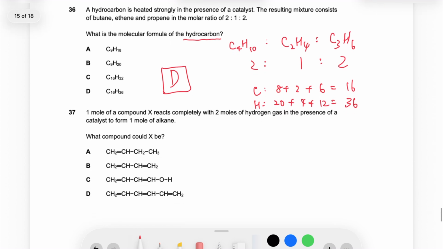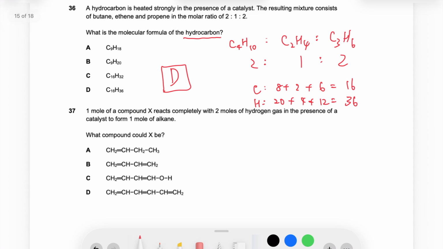37. A mole of compound X reacts completely with 2 moles of hydrogen gas in the presence of a catalyst to form 1 mole of alkane. This sounds like hydrogenation. So 1 mole of X plus 2 moles of hydrogen gas gives 1 mole of alkane.